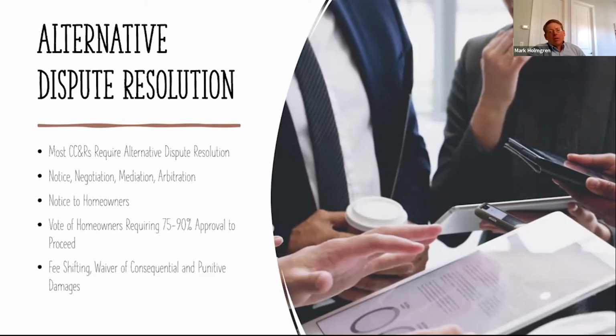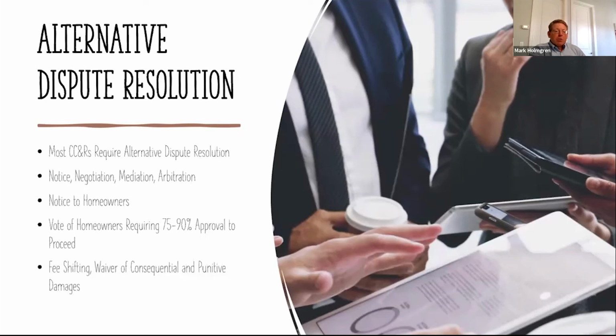You're not likely to find a construction defect case under Arizona law where there would ever be punitive damages. I just can't imagine any set of facts that would rise to that level. Now, consequential damages, that's different, and that can be a big deal for a community association.